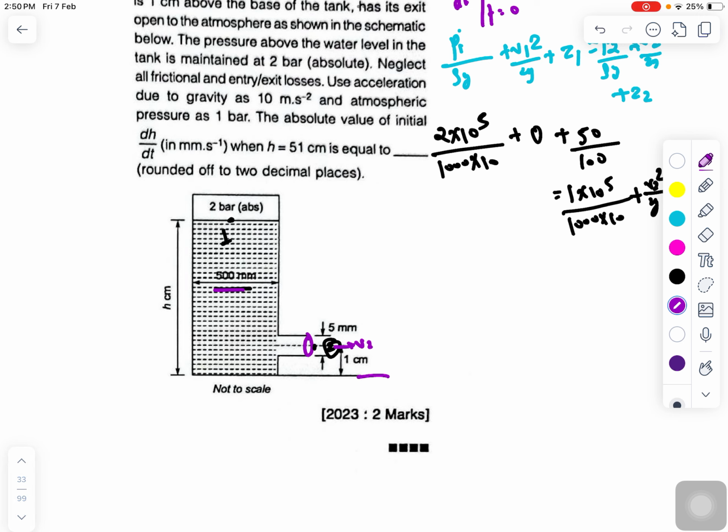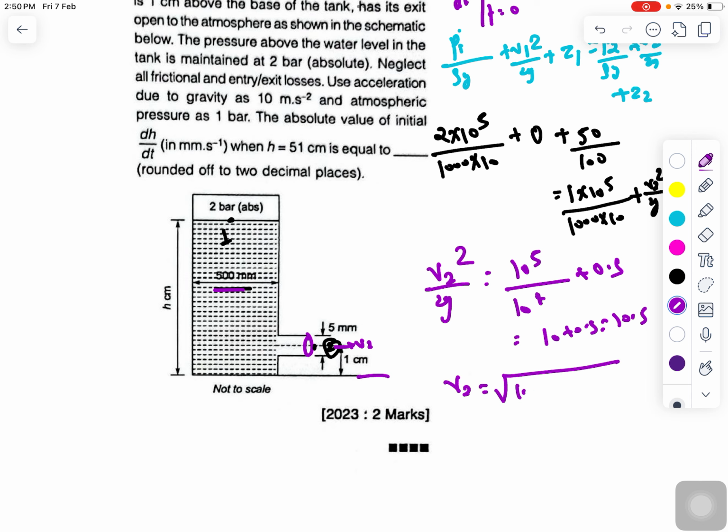So from here you can say V2 square by 2g is 10 to the power 5 divided by 10 to the power 4, plus 0.5. So that is 10 plus 0.5, which equals 10.5. So what is the value of V2 here? V2 will be the square root of 2 multiplied with 10 multiplied with 10.5, that is the root of 20 multiplied with 10.5.